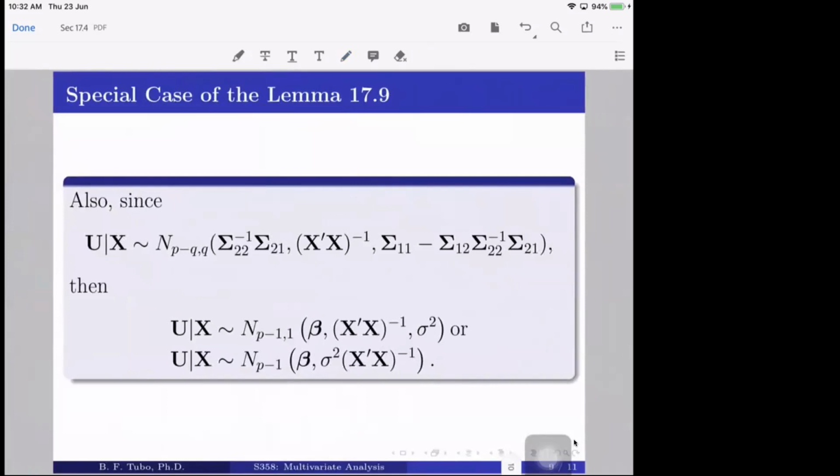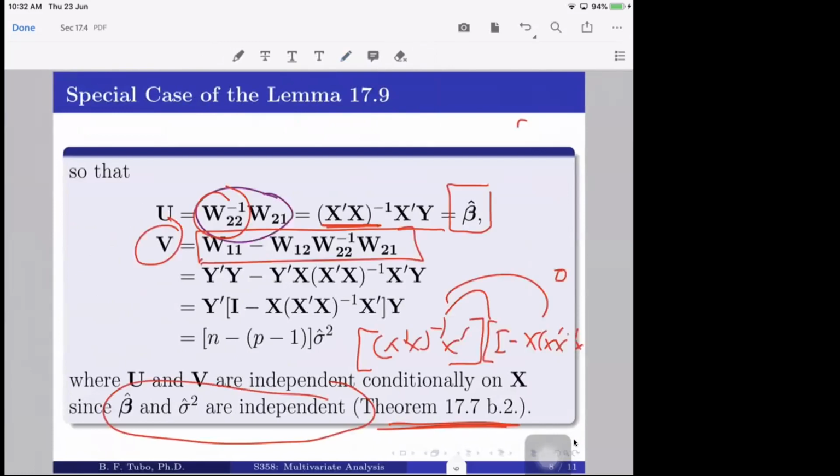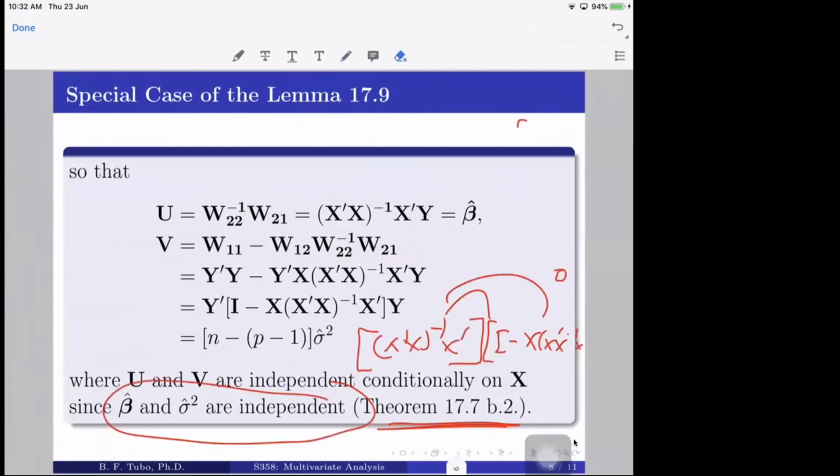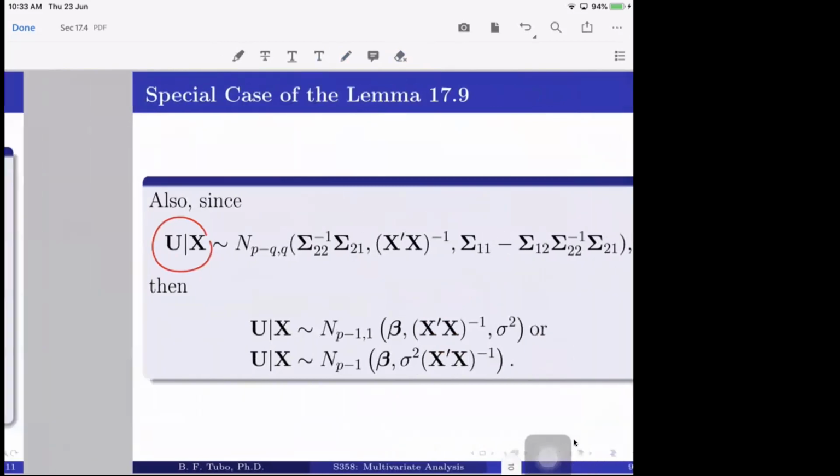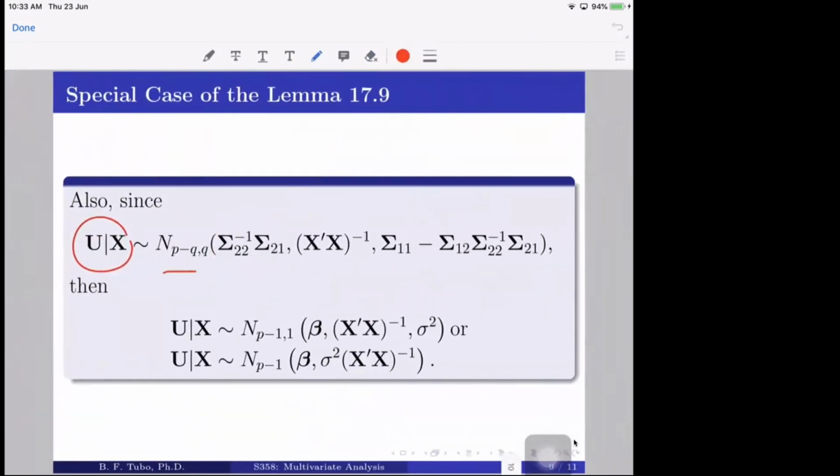Also, since the conditional distribution of U given X, what is U? U is beta hat, no? The conditional distribution of beta hat given the x's, by using the previous general result, is normally distributed.